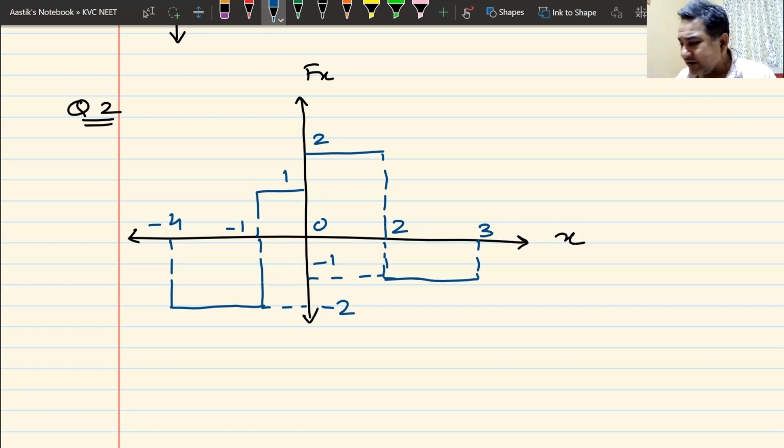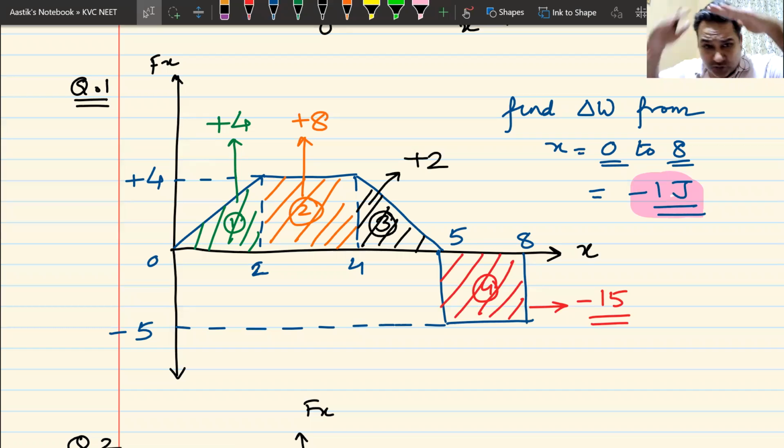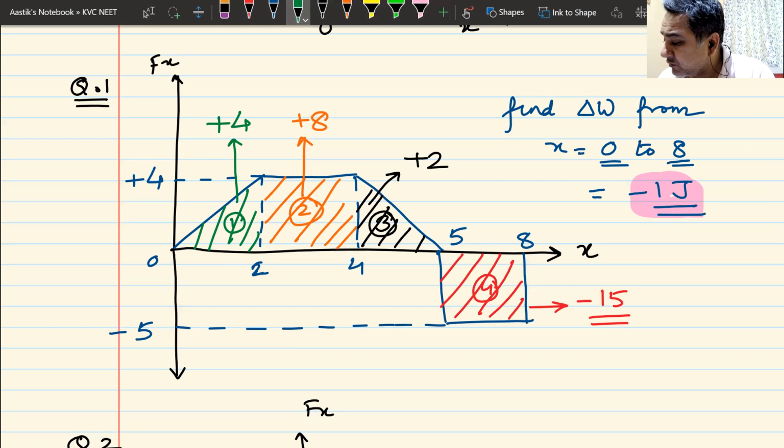I could have made a triangle. I must tell you, in question number 1, I have broken this upper wala figure into 2 triangles and 1 rectangle. You may not have done this. This is a simple trapezium, yes or no? This entire thing is the trapezium.